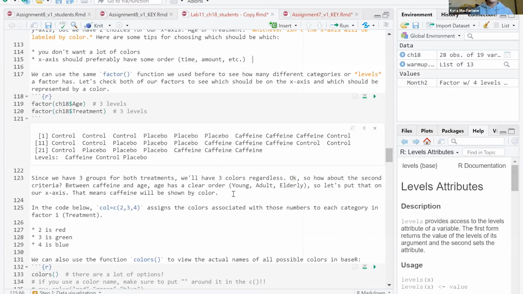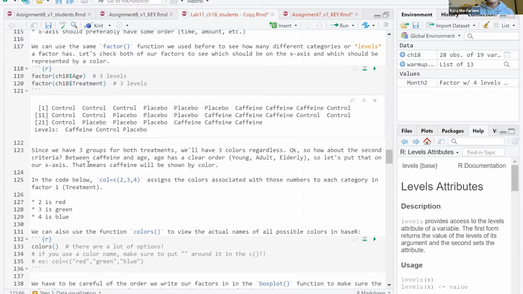Well, control, placebo, and caffeine don't really have an innate order, but age does, from young, adult, elderly. So let's put those on our x-axis, which means that caffeine is going to be represented by color.